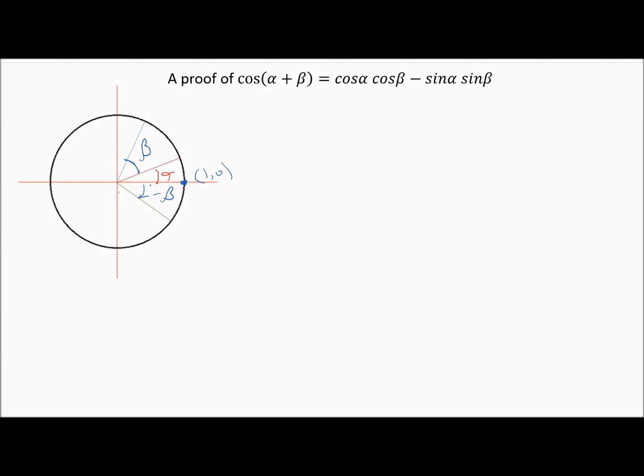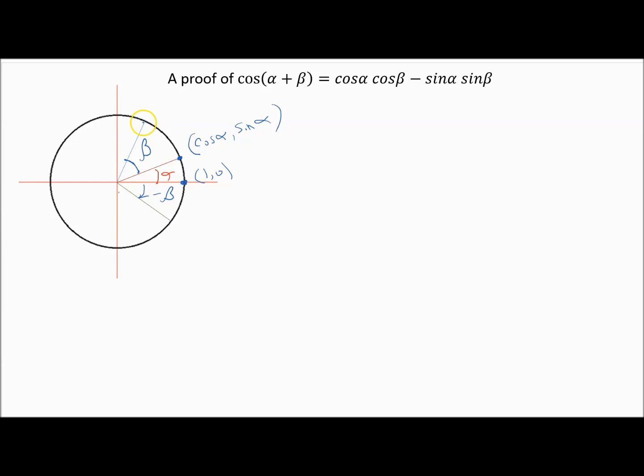Okay? Now, let's label this point where the terminal side of alpha is. Now, again, it's an xy value. But since we know this is the angle alpha, remember that the cosine of alpha is your x value. Remember, on the unit circle, cosine is your x value, sine is your y value. So this would be labeled cosine of alpha, sine of alpha. Okay?